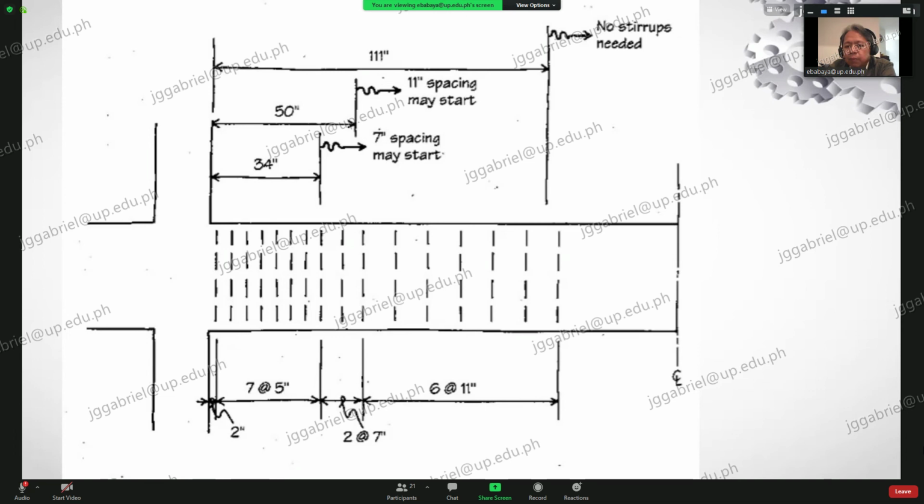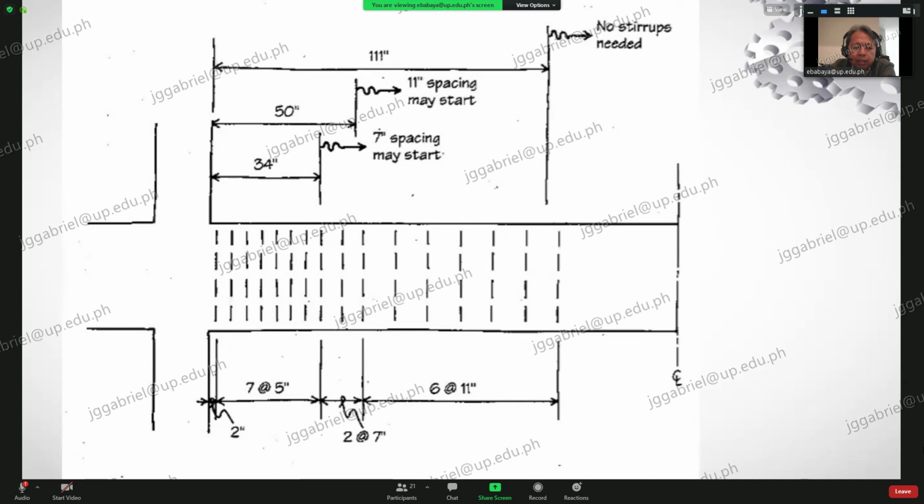Now, we place it not at 2.5, but we go further so the carpenter will not have a hard time. It is 2.5 inches, but you place it at 2 inches. In that case, you are being conservative again. From 2.5, you made it 2. So that's where your first stirrup is located. And then the next one is 5. So 2 plus 1, 2, 3, 4, 5, 6, 7.